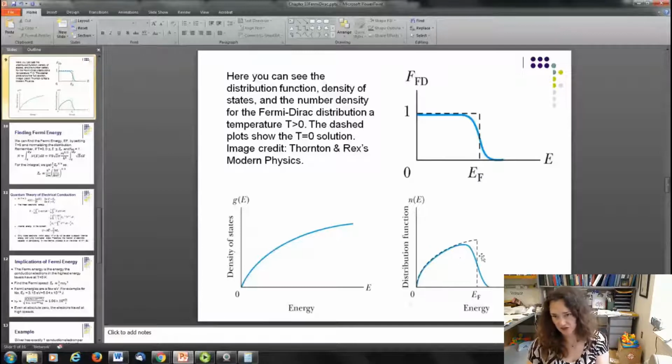So you get a function that looks like this for your numerical distribution function. You can see that it has a peak right there that's slightly below the Fermi energy. And the Fermi energy is going to be related to the average energy of your conduction electrons by a relatively simple relationship that I'll show you in a few minutes.